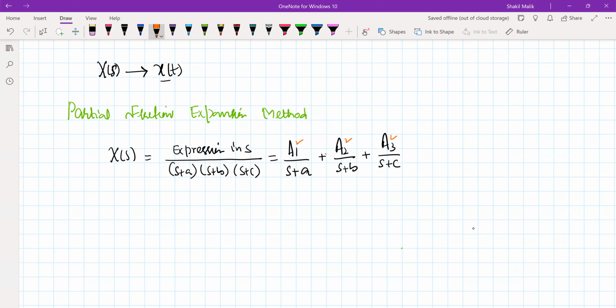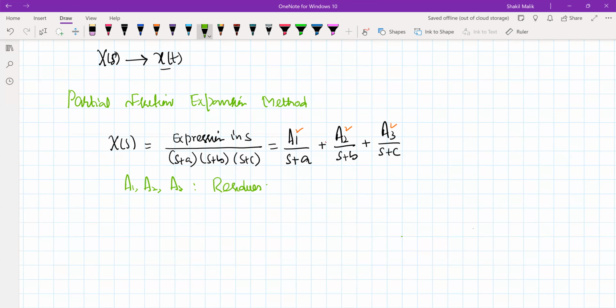Once we find the values of A1, A2, A3, we can write the inverse Laplace transform very easily. A1, A2, A3 are referred to as residues, by the way.